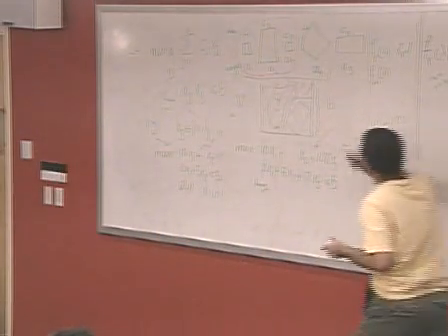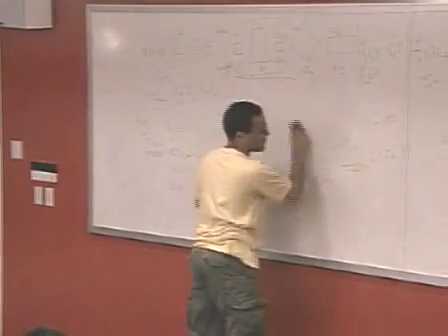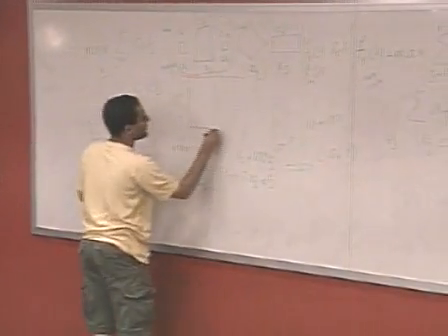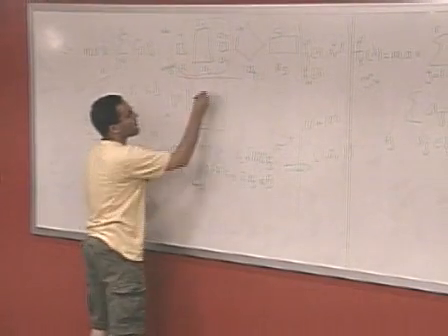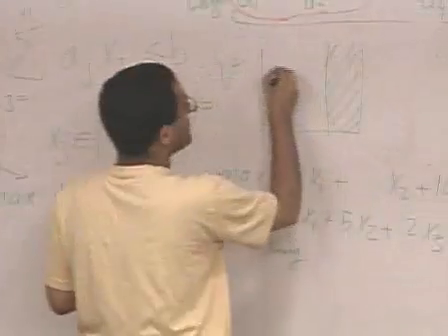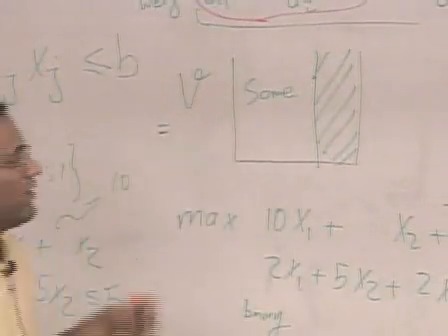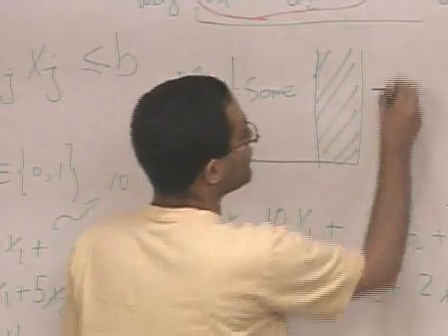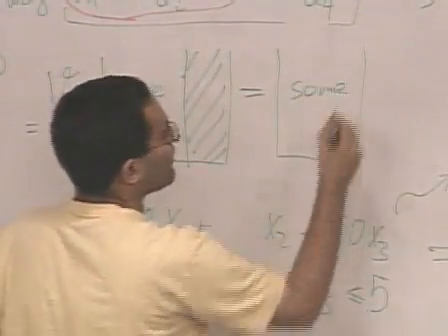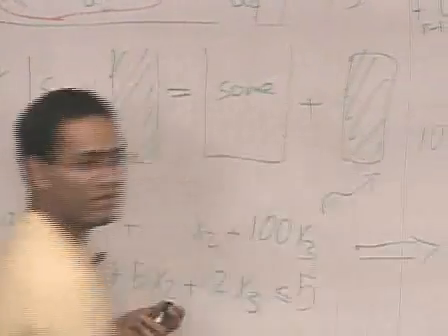So let me draw this picture in a better way. Might make sense. I had this capacity, and I know that 1 item was put here, and some items were put here. This value would be equal to just optimizing over those some items and adding the value of this guy to it.